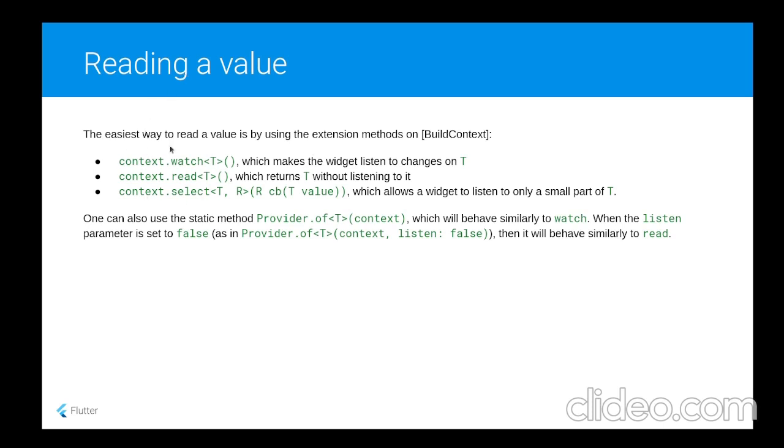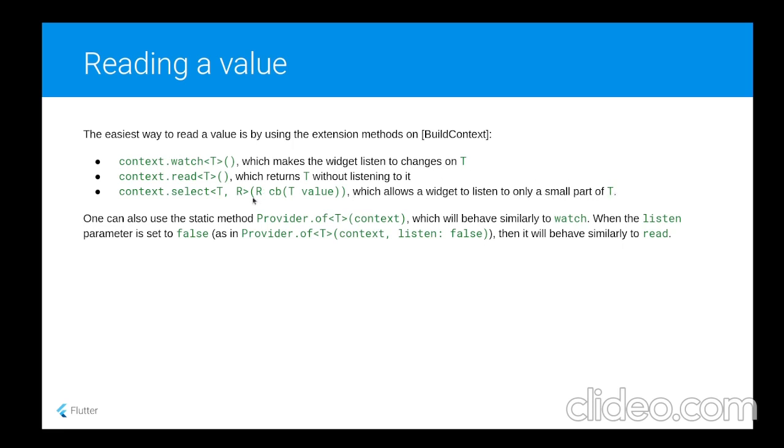So the easiest way to read a value is by using the extension methods on build context. So context.watch, which makes the widget listen to changes on T. Here T is the widget that we are listening to.